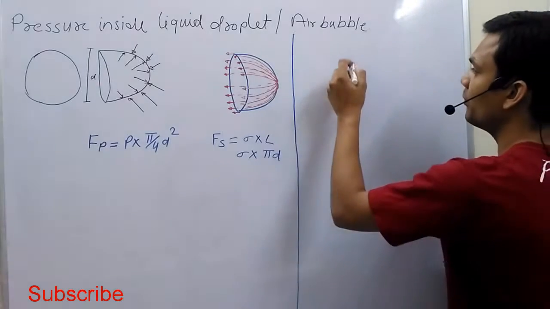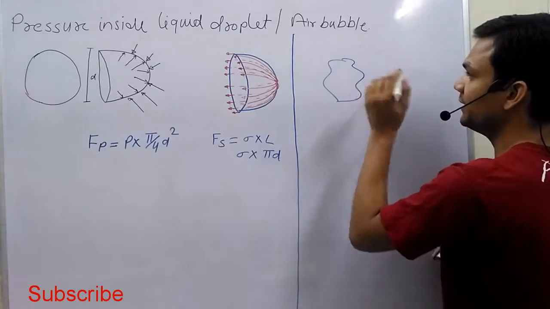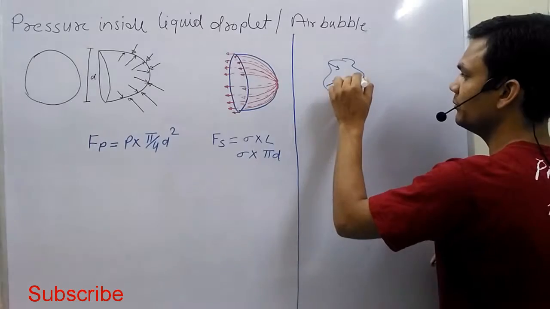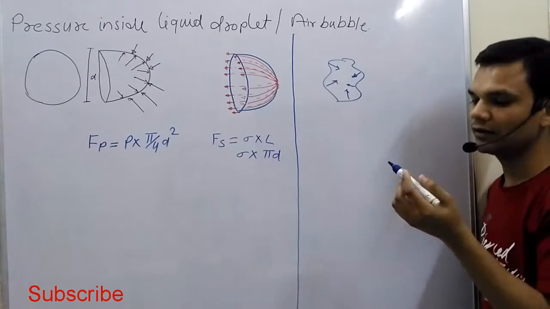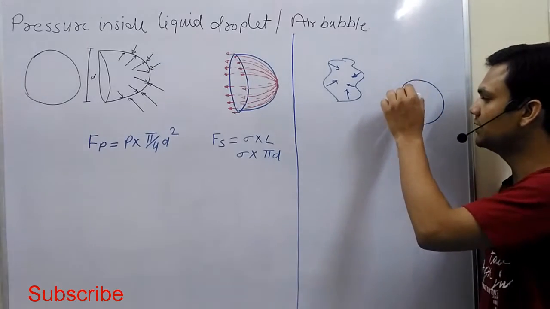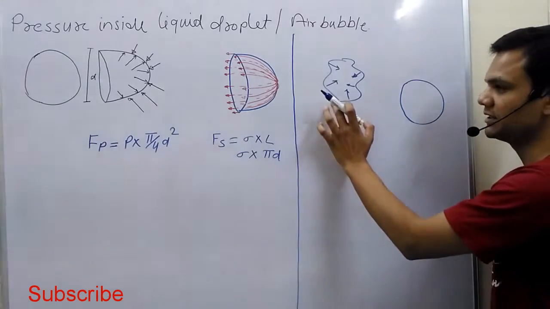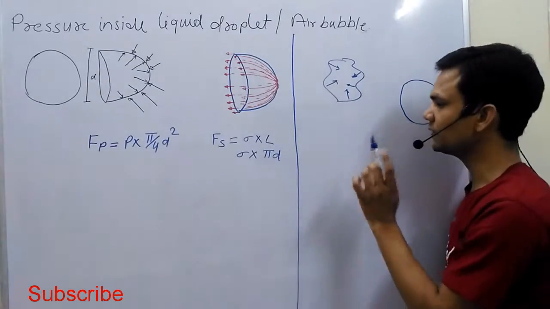If we drop water in any shape, it tries to acquire minimum surface area, and the sphere has the minimum surface area, so its shape is converted into a spherical shape.